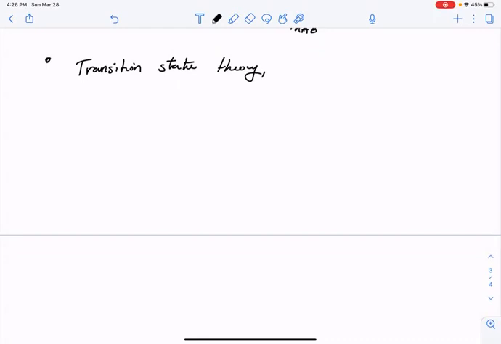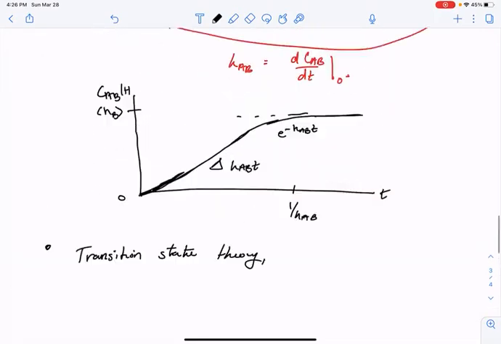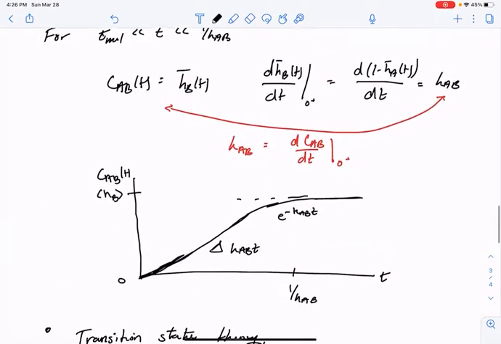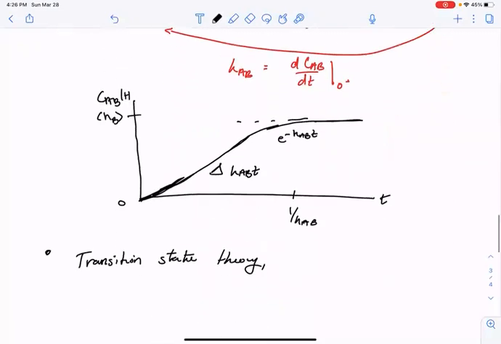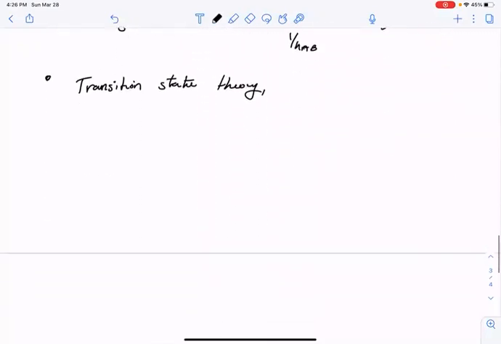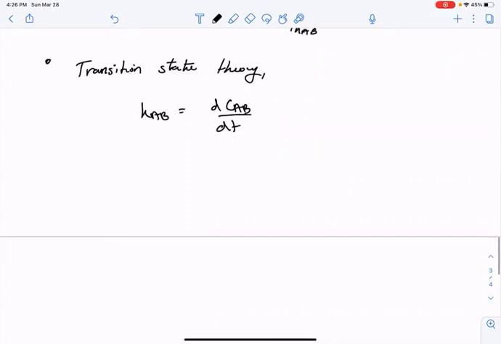Okay, so specifically, we've just uncovered with this relationship that by taking the derivative of CAB, we can extract the rates. So let's actually take that expression and manipulate it. So KAB is a time derivative of CAB.